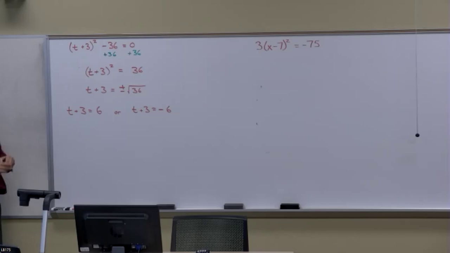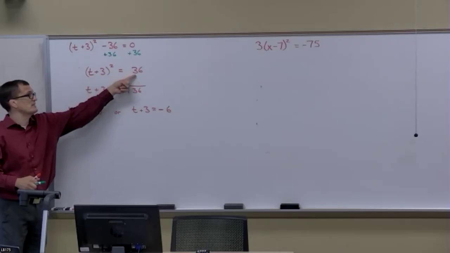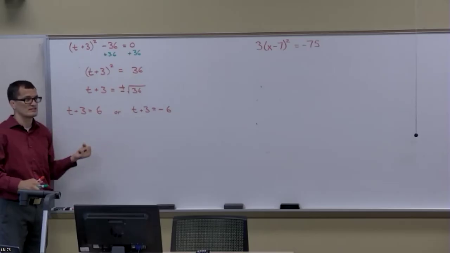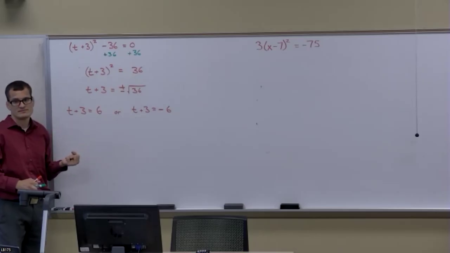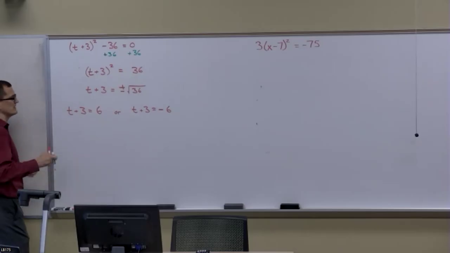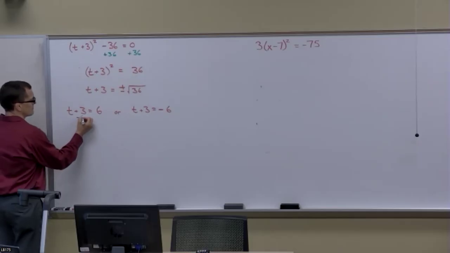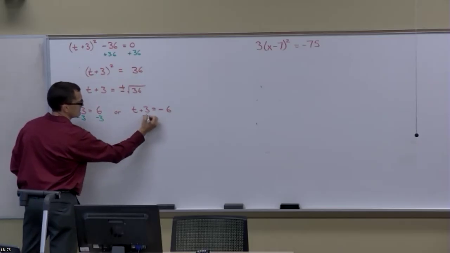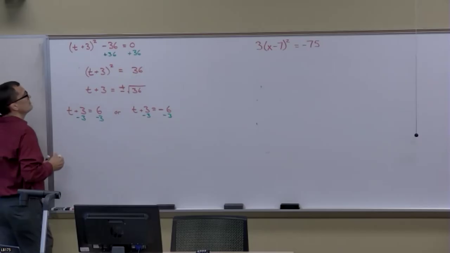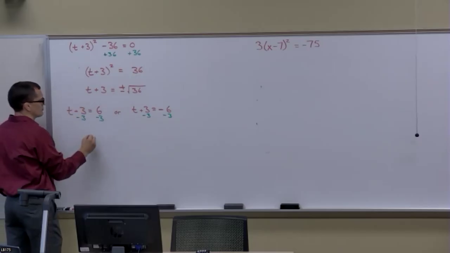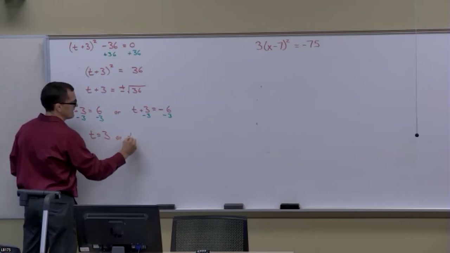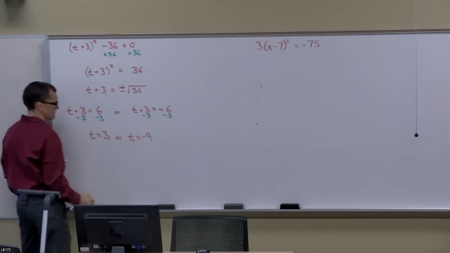So it's telling you that if you want t plus 3 squared to be equal to 36, then t plus 3 either has to be a positive 6 or a negative 6. And then we can solve each equation. Now, each one of these is solved by subtracting 3 from both sides. So in order to make this original equation true, t could have been 3, or t could have been -9.